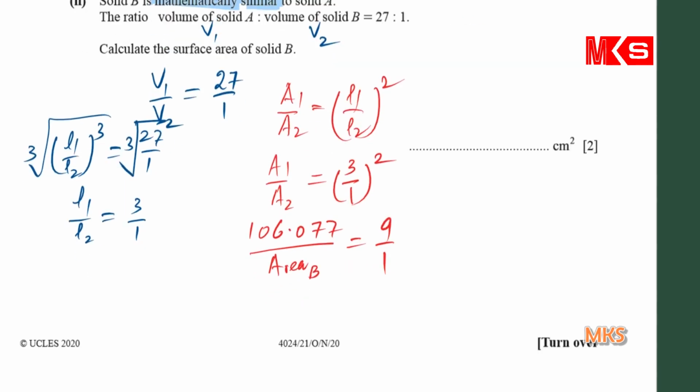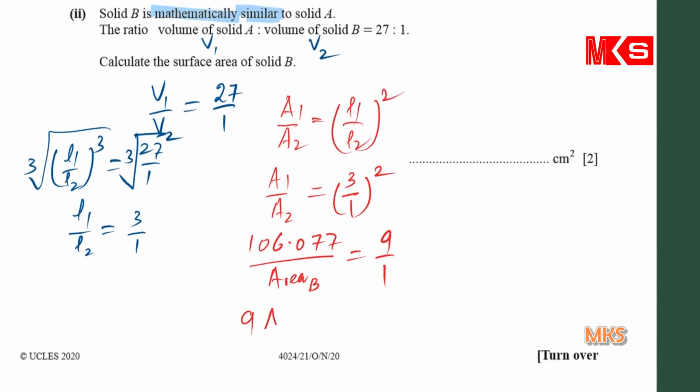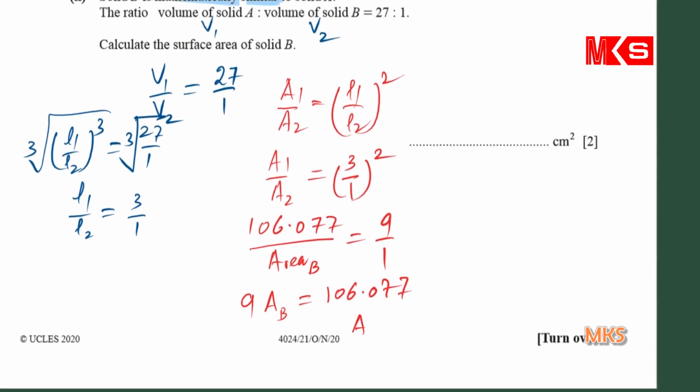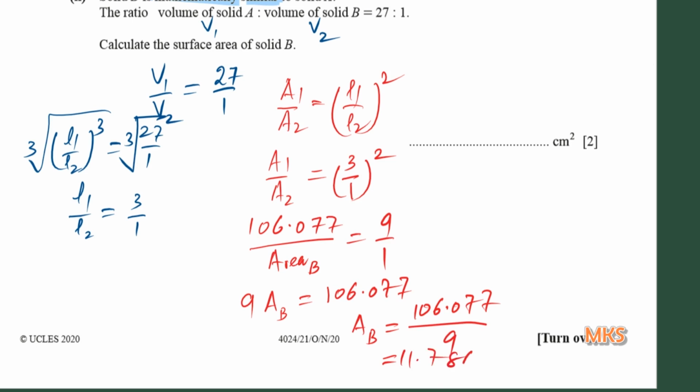Cross multiply: 9 times the area of B is equal to 106.077. So the area of solid B will be 106.077 divided by 9, which is 11.78632. Correct to three significant figures, it will be 11.8.